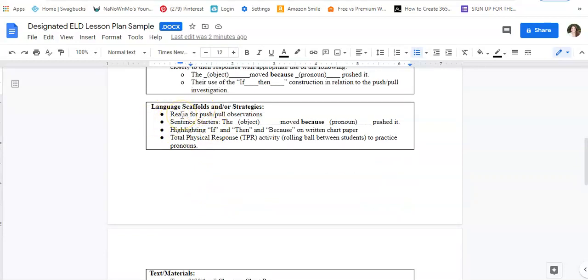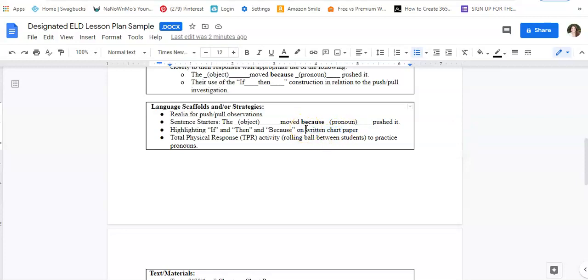Down here, the language scaffold and our strategies. One scaffold is realia. Anytime we can use actual objects, that's a great support for English language learners. It's going to support their academic language and their English language development. Sentence starters. The 2 sentence starters that I had up there, the blank moved because, and the if-then. We're going to have a chart paper, so we would call this like an anchor chart.